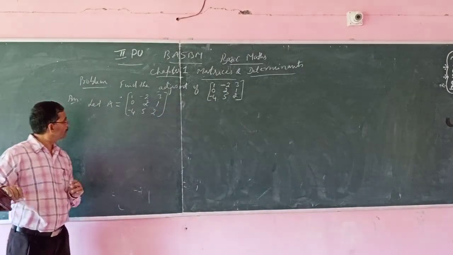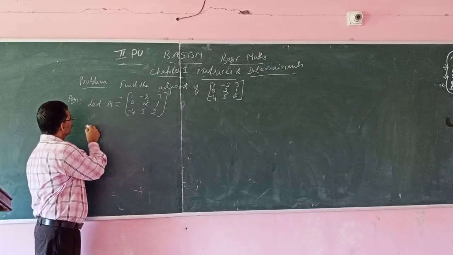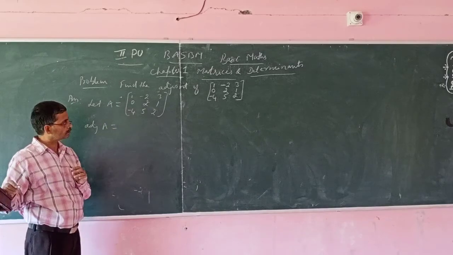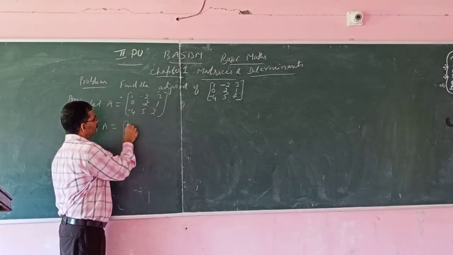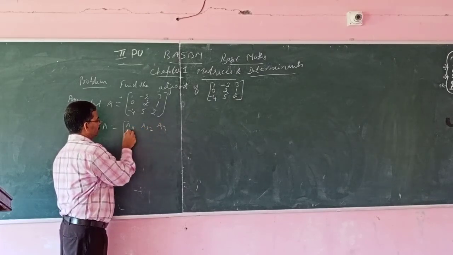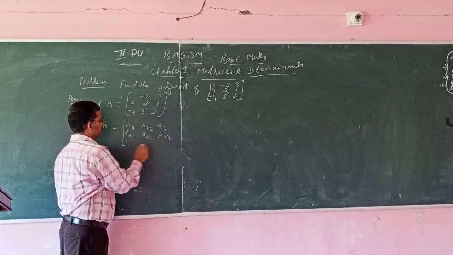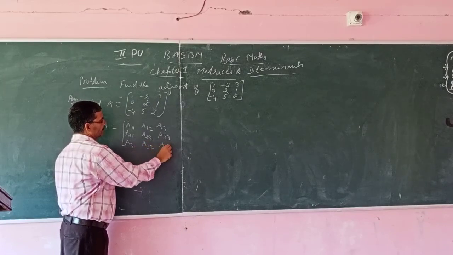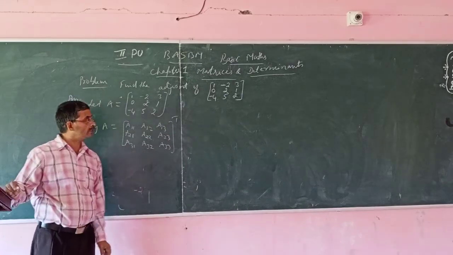Now adjoint of A is nothing but we write like this: A11, A12, A13, A21, A22, A23, A31, A32, A33, transpose. So where A11 is what?